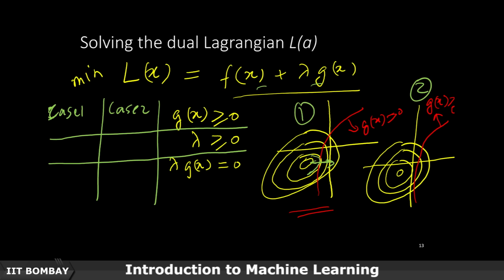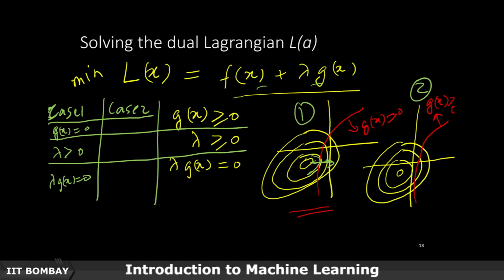In case 1, g(x) is equal to 0, and consequently lambda is not going to be 0, it is going to be greater than 0. But because g(x) is 0, when we multiply the two we get lambda times g(x) equal to 0.